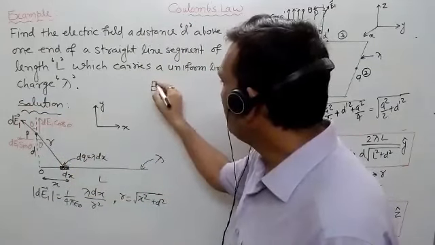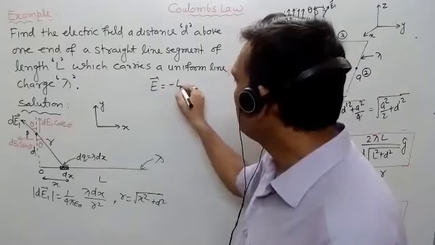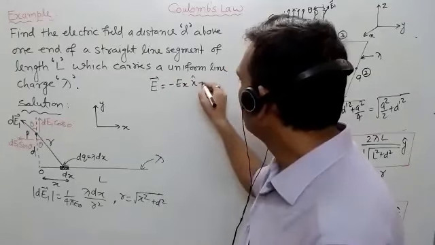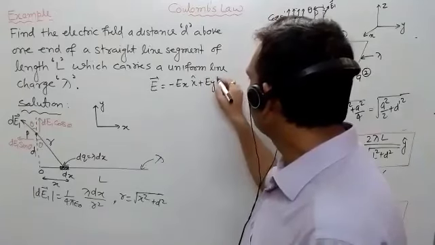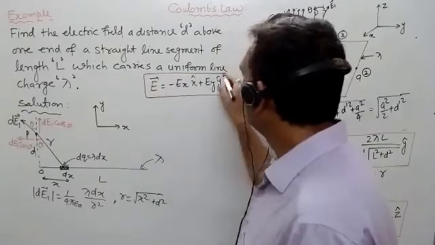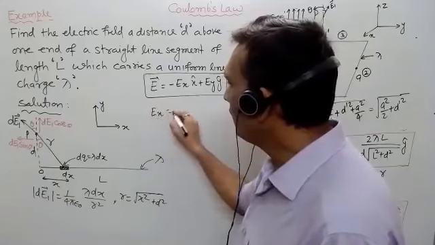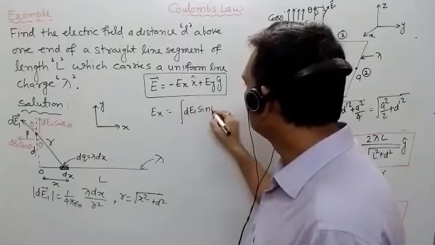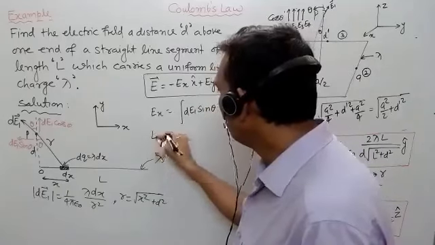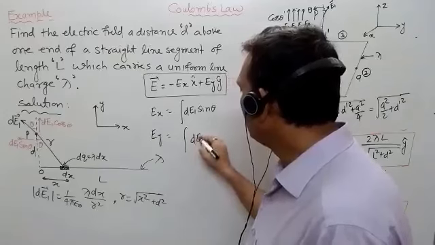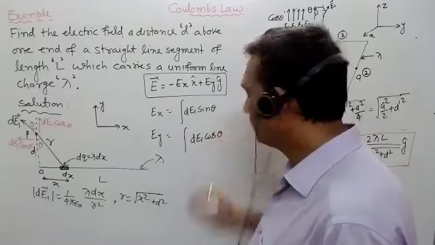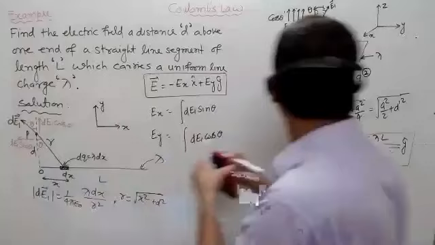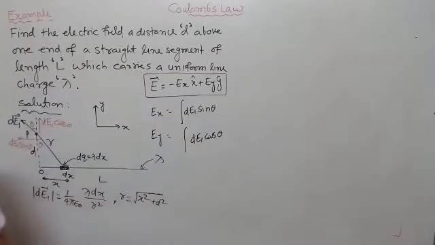So resultant field E can be expressed as minus Ex x cap plus Ey y cap, where Ex is given by integral dE1 sin theta and Ey is given by integral dE1 cos theta. So you have to integrate this. You can easily integrate dE1 sin theta and dE1 cos theta.